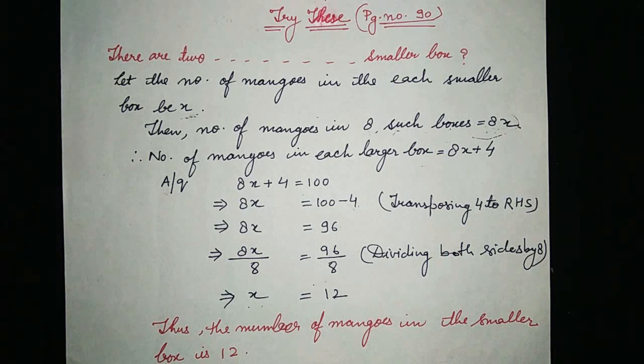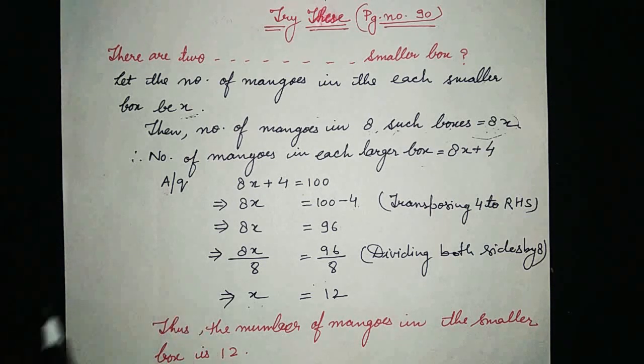Now see the second sentence of the question. Each box of the larger type contains 4 more mangoes than the number of mangoes contained in 8 boxes of the smaller type. Now on the basis of this sentence we will frame the equation.